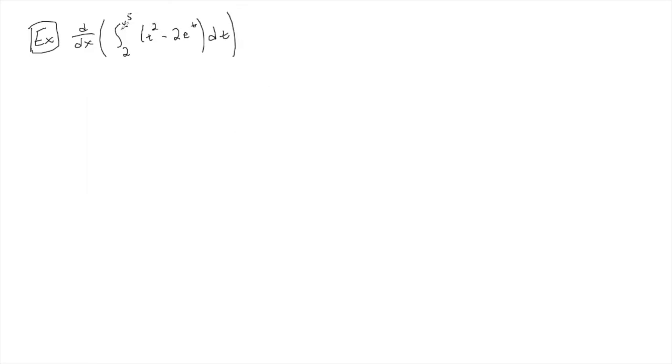Okay, so it's pretty close, because the x term is on the top bound, and this matches up. The problem is this isn't just x. So what happens here? Well, we have to use chain rule.